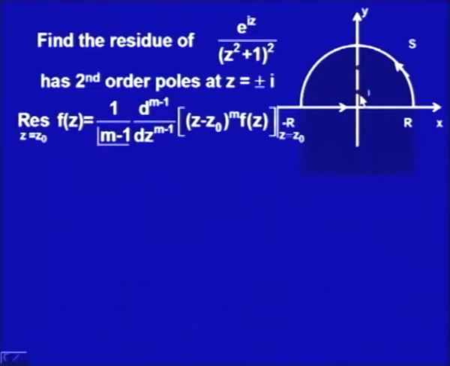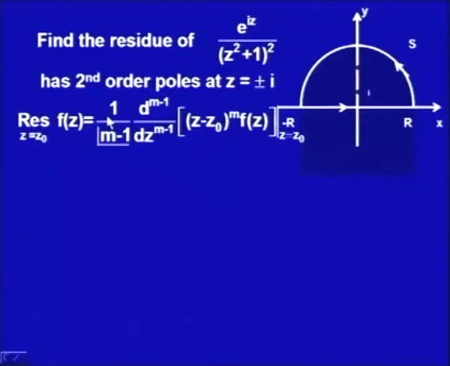Whenever we have to find the residue at a pole of order m greater than 1, we would use this formula. The residue at z equal to z naught of a function f z is nothing but 1 upon factorial m minus 1, the m minus 1 derivative with respect to z of z minus z naught to the power m into f z, evaluated at z equal to z naught.